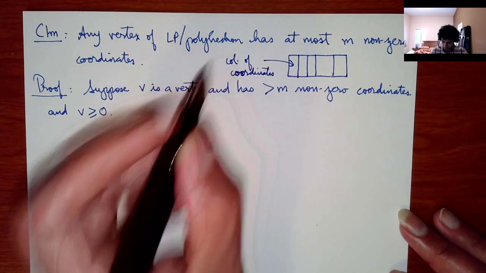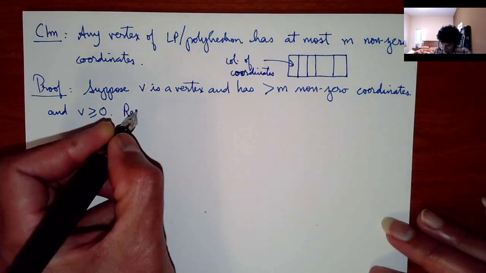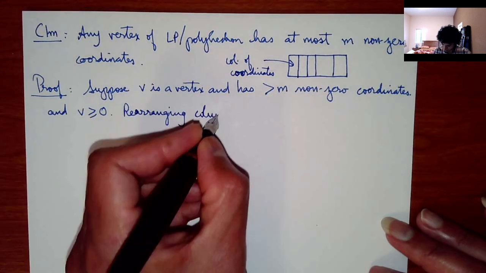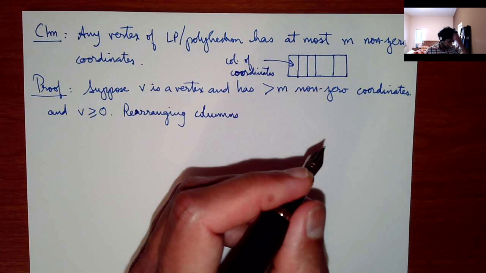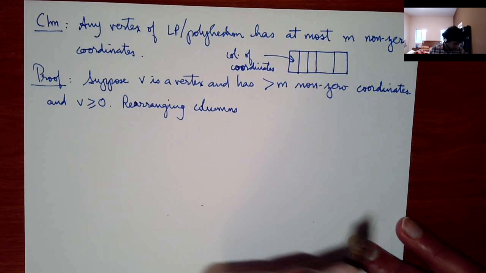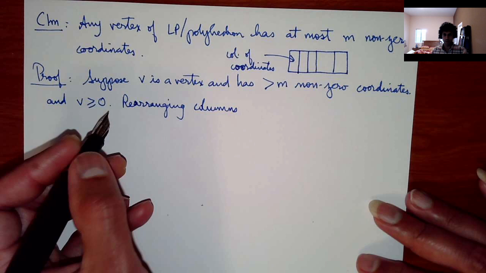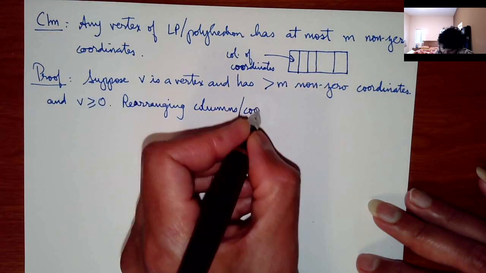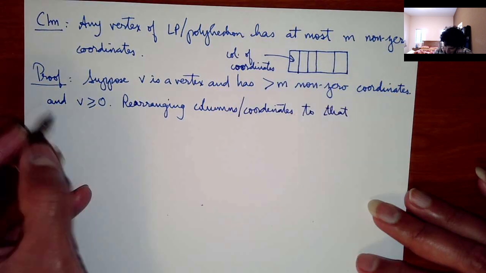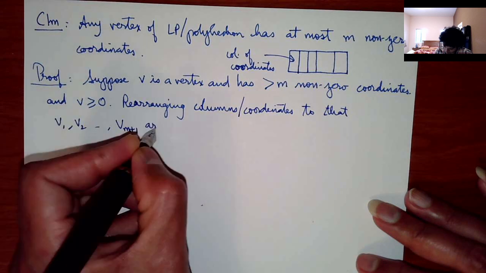I'm going to rearrange the columns or the coordinates so that v1, v2 up to v_{m+1} are strictly positive.